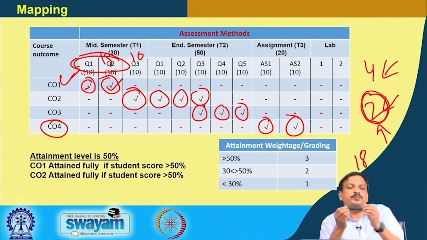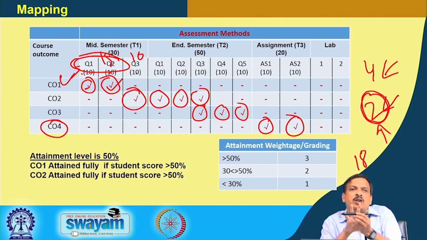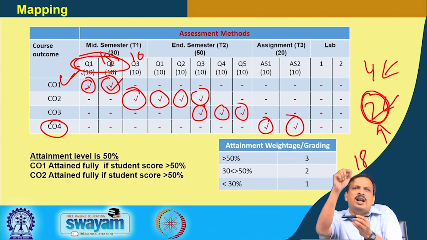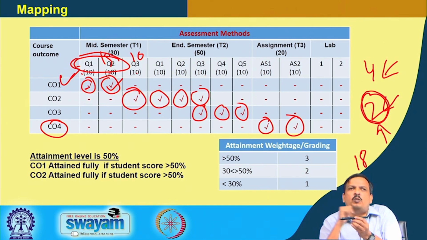For attainment calculation of CO1, I am providing 2 questions, let us say 20 marks. Question 1 has 2 parts, question 2 also has 2 parts. Question 1 ensures the minimum quality requirement and communication skill.